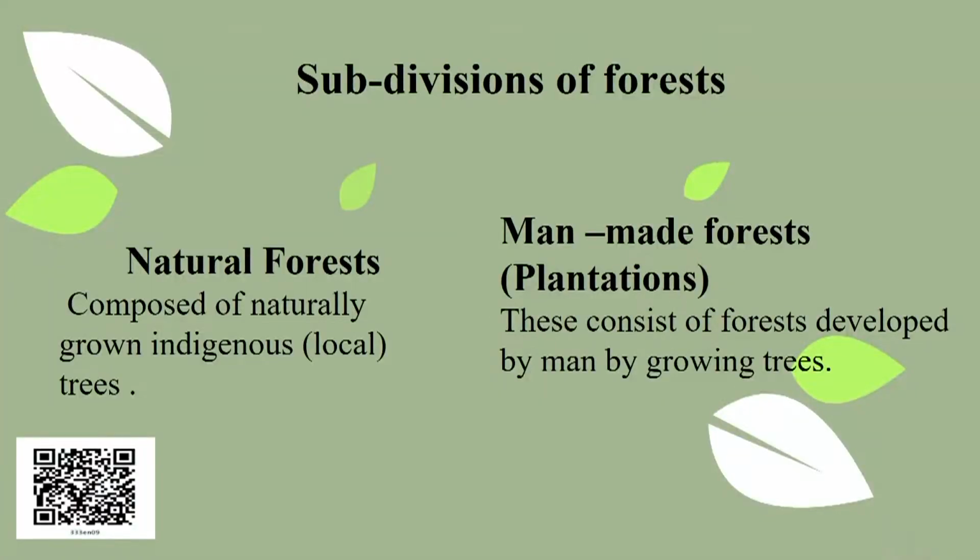When we divide forests, we divide them into natural forest as well as man-made forest. Natural forest is composed of naturally grown indigenous trees, and man-made forest is known as plantation, and these consist of forests developed by humans by growing trees.